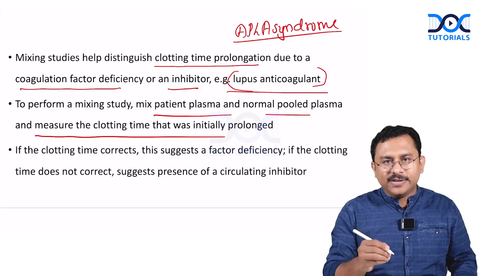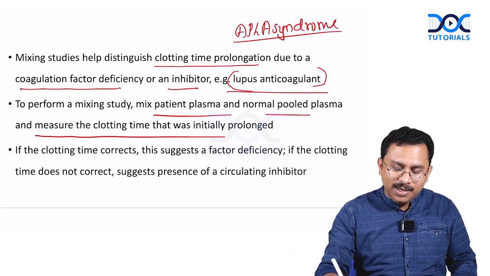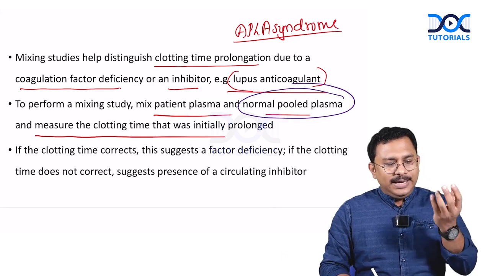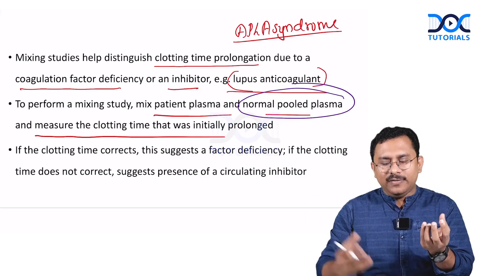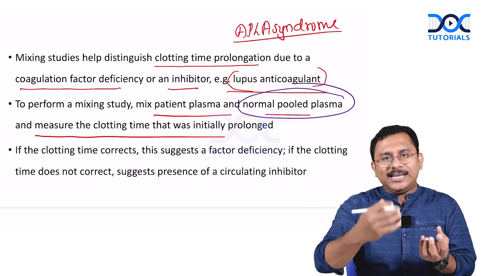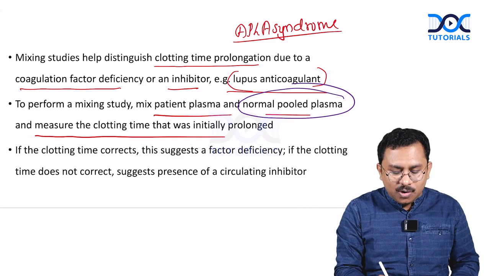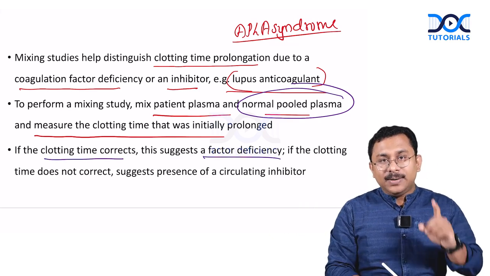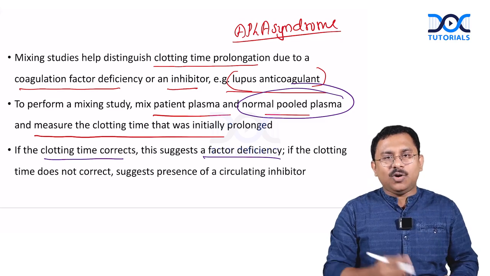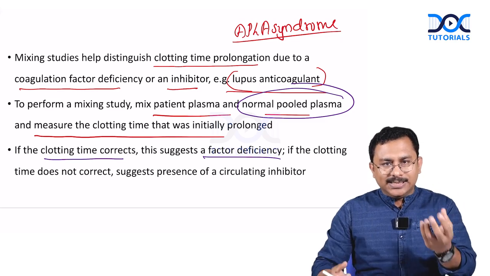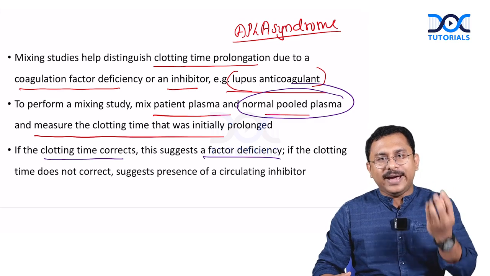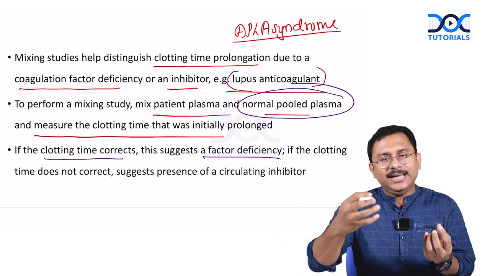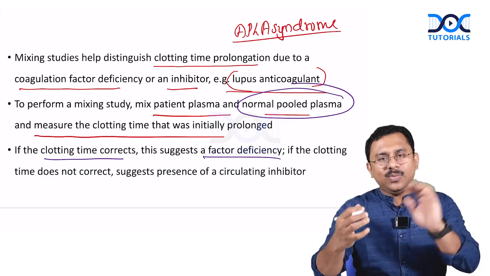Now suppose this is correcting: you added normal plasma which has the clotting factors. If the initial patient plasma lacked the clotting factors and your normal pooled plasma has them, obviously the clotting time should correct. So that indicates a factor deficiency. But suppose it is still not getting corrected, what does that indicate? The patient's plasma has a clotting factor inhibitor, so even if you add normal pooled plasma containing the clotting factor, this inhibitor will inhibit it.